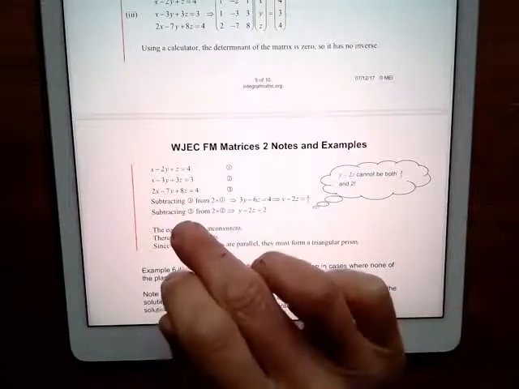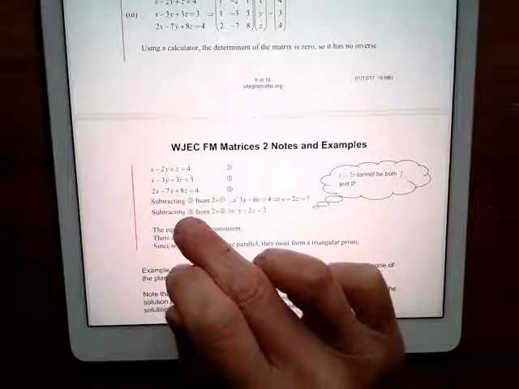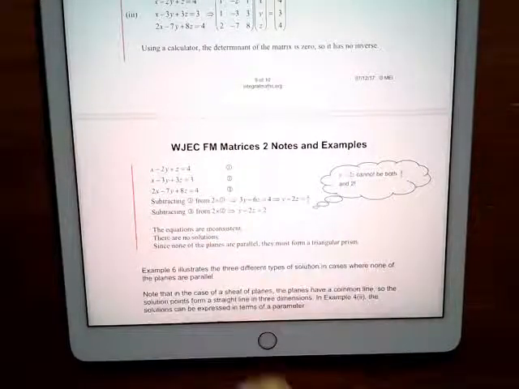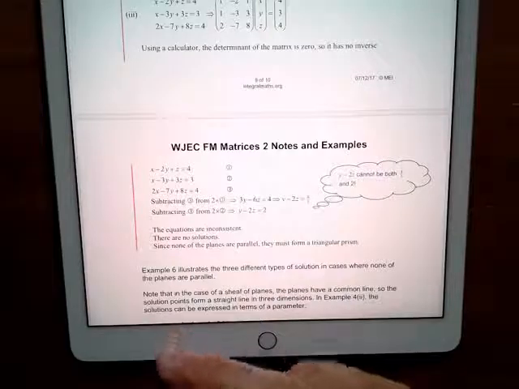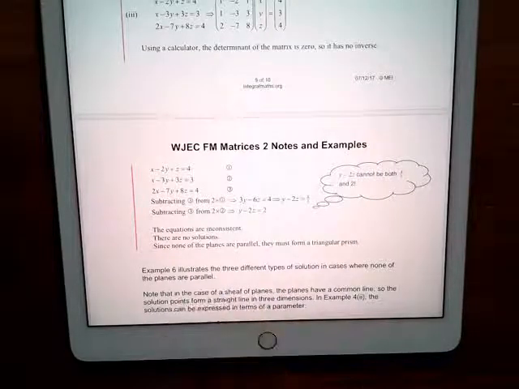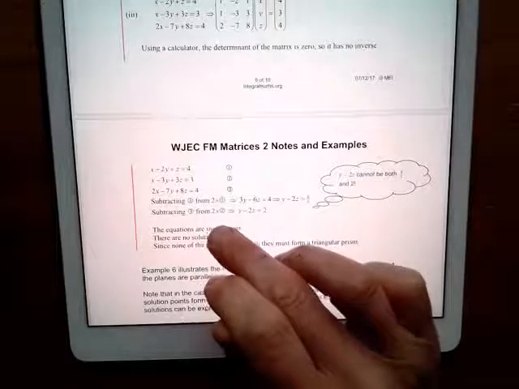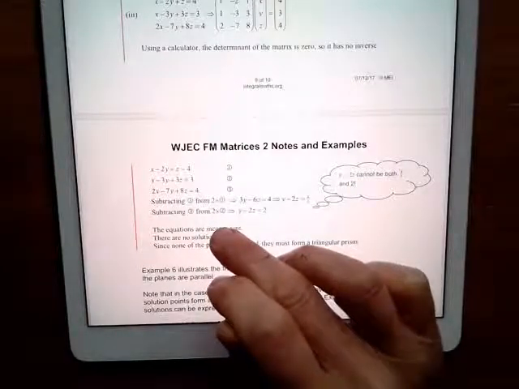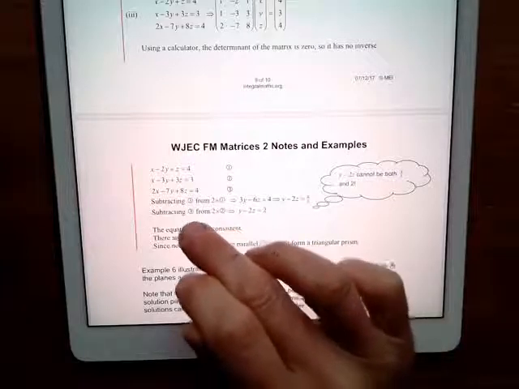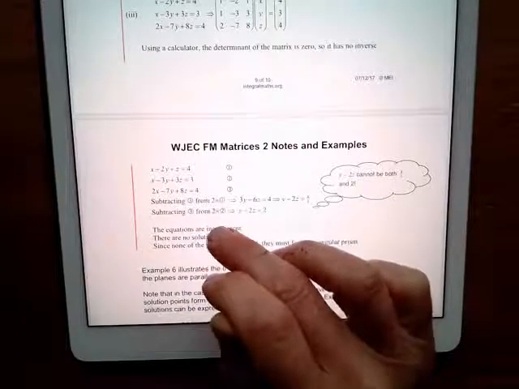So to do this one, they subtract 2 lots of the first equation from the third equation to eliminate the x, and 2 lots of the first equation. What am I doing here? Subtract 3 from 2 lots of 1.